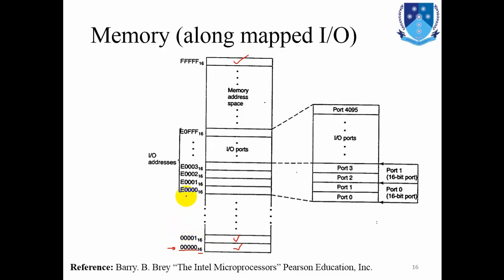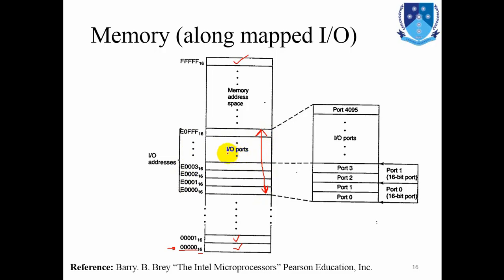So here you can see that each location has a unique address. A portion of this memory is mapped for the I/O devices. It means that this portion of the memory is reserved for use of the I/O devices.